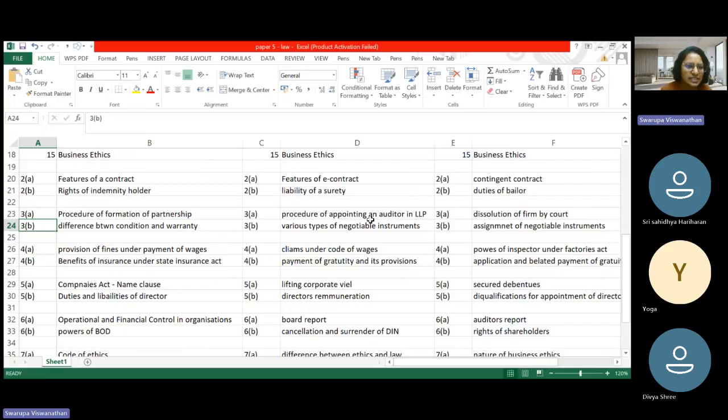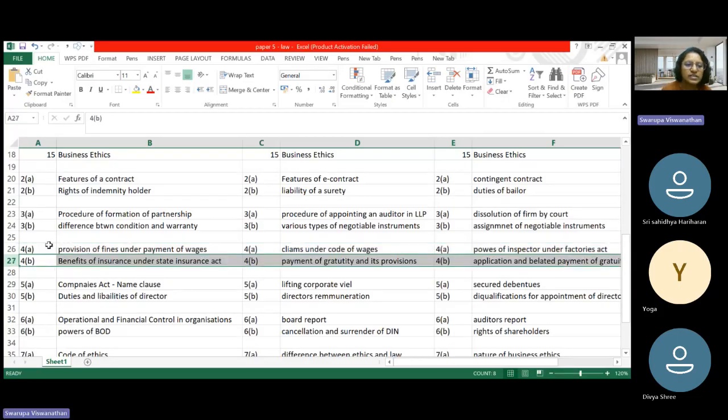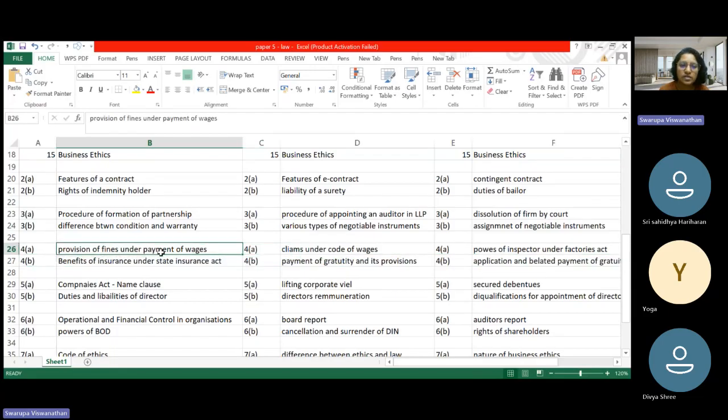3B keeps changing. 3A, consistently, is either from Partnership or LLP. Then we come to 4A and 4B. 4A and 4B test the other acts, other labor laws, like Code of Wages, EPF, ESI. So 4A and 4B is a 14-mark question covering other business laws and labor laws.